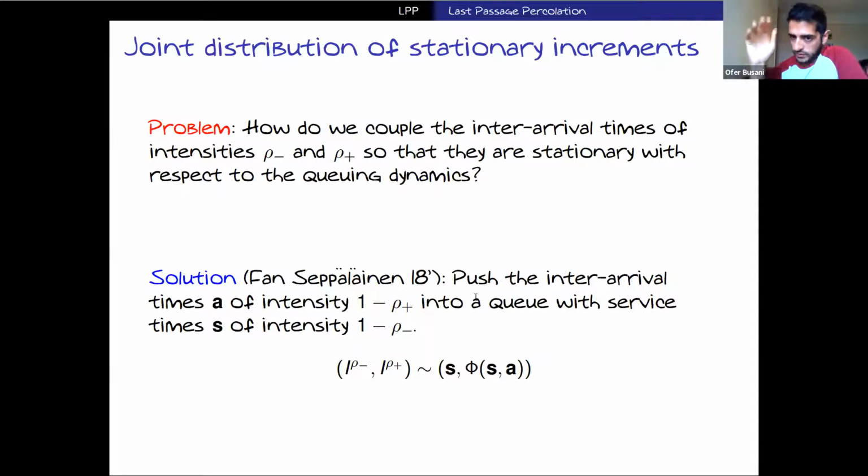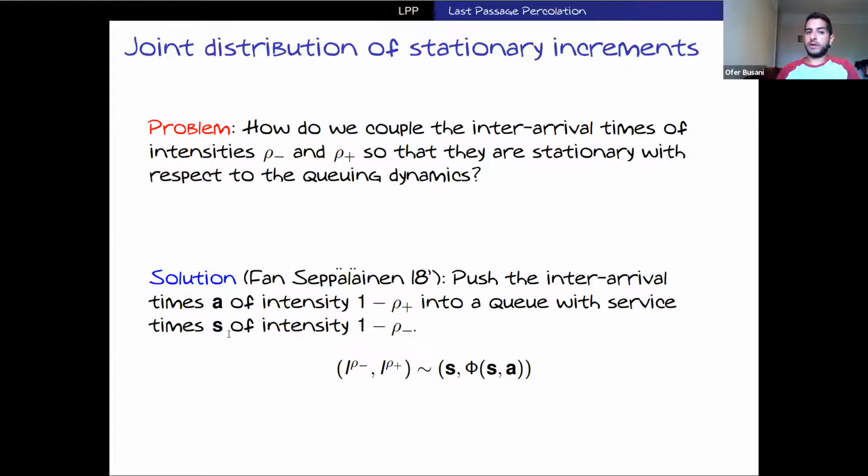The way to couple them together is to take two independent sequences, A and S. A would be the arrival times, with intensity 1 minus rho plus. And S will be the service times, with intensity 1 minus rho minus.